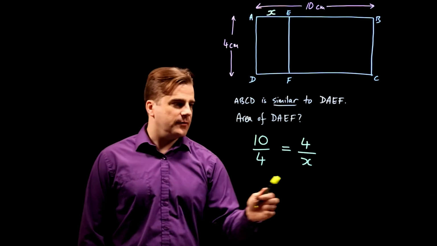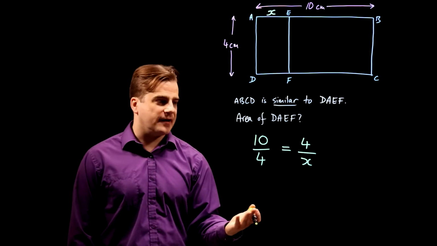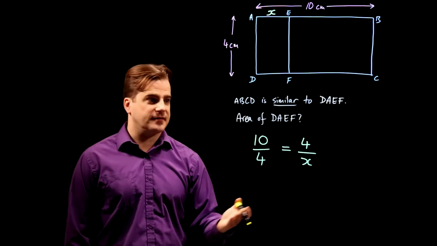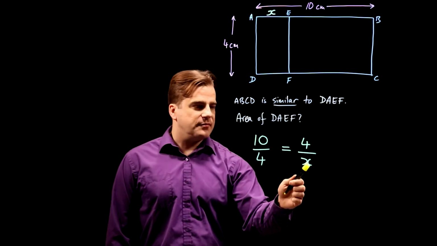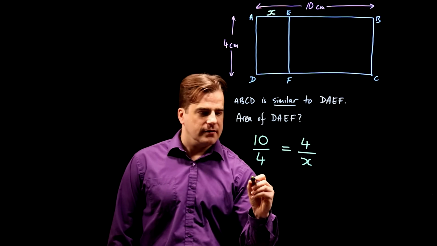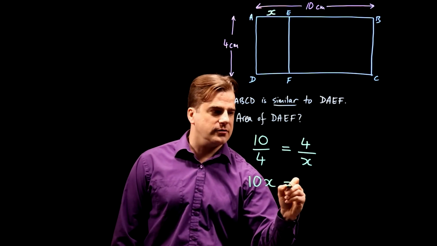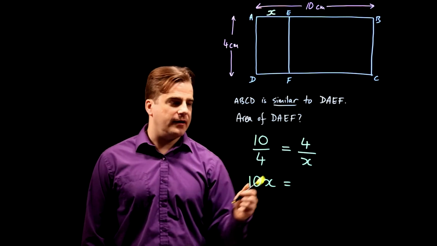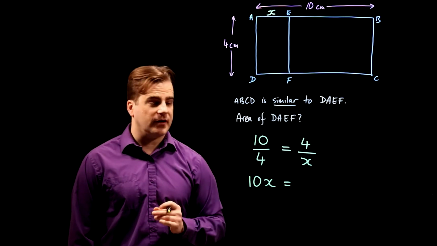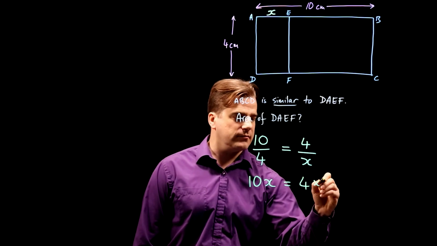So we need to rearrange this equation to get x by itself, or make x the subject of the equation in maths speak. So let's bring x up here by multiplying both sides by x. So we get 10x equals, and we'll bring the 4 over here at the same time by multiplying both sides by 4, equals 4 times 4.